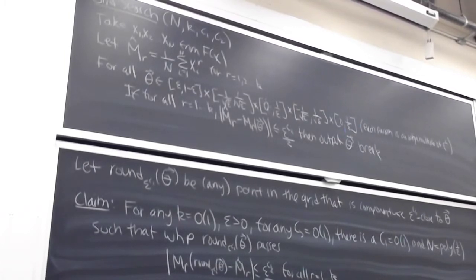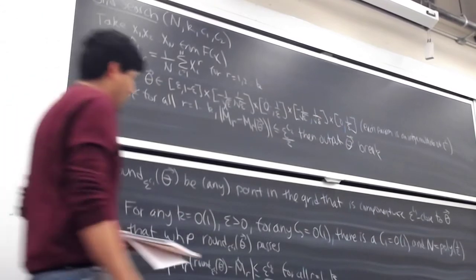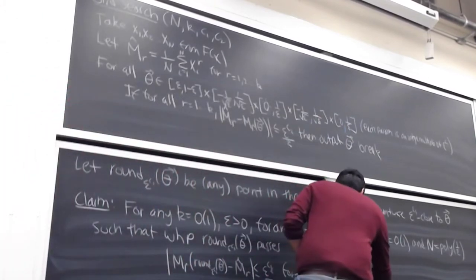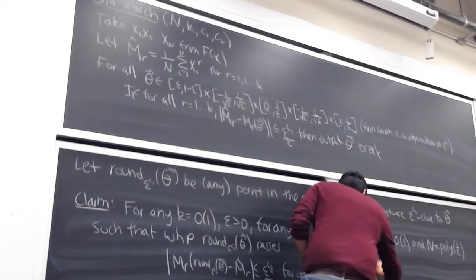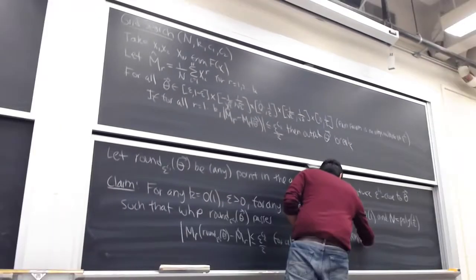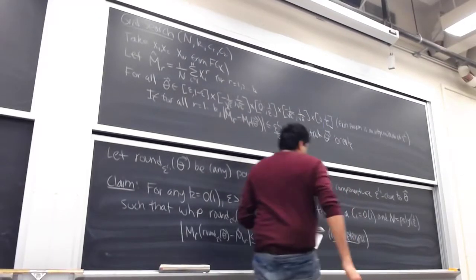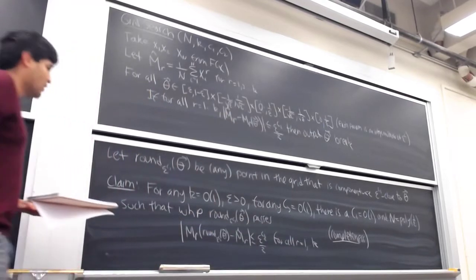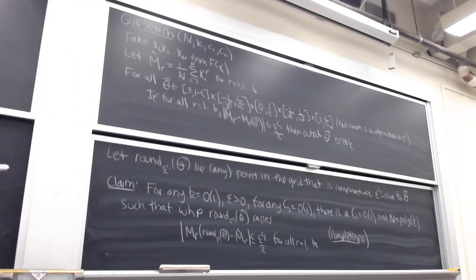Exactly. So this is called completeness, just in complexity theory language. And the hard part is to show soundness, that there's no other spurious grid point that passes our test. Why can't there be a completely unrelated grid point that has nothing to do with the true parameters that somehow magically agrees close enough on each of the first k moments?